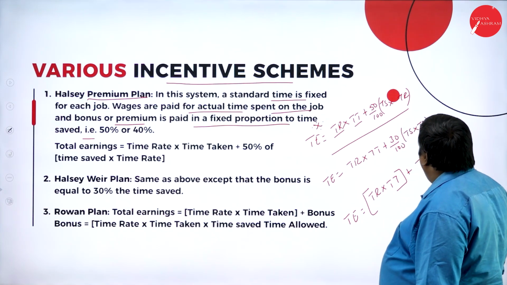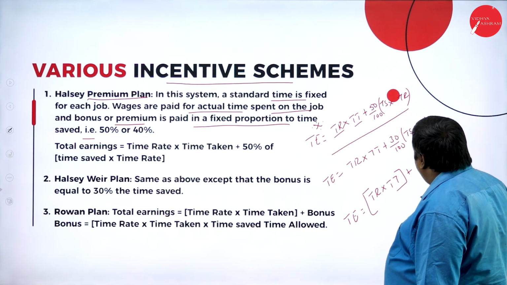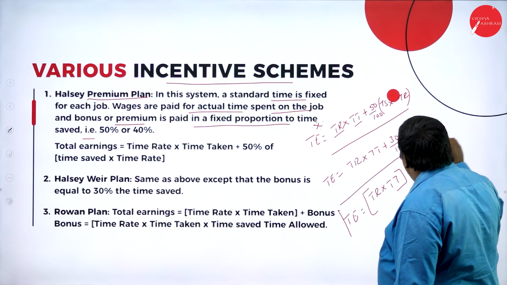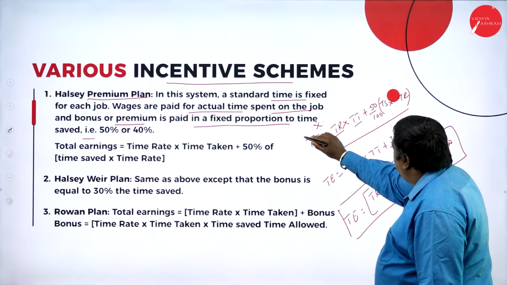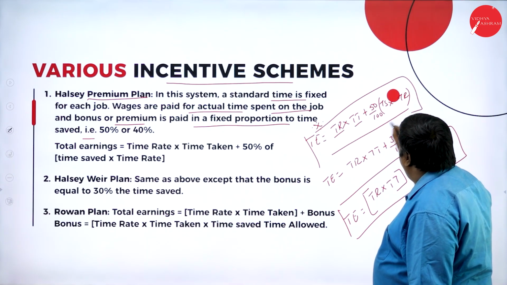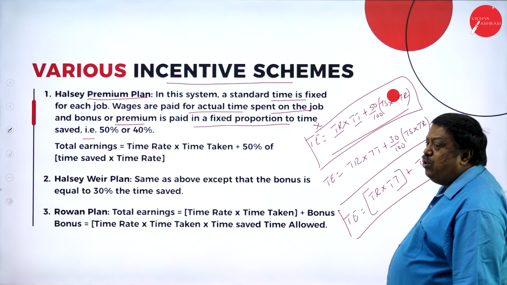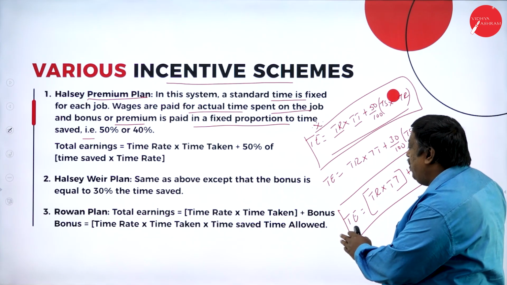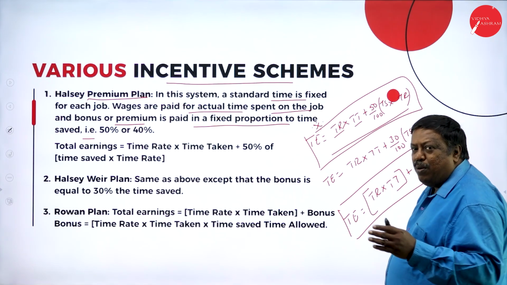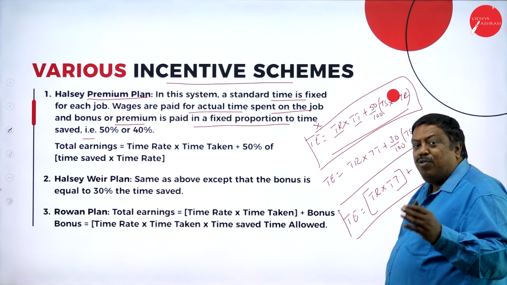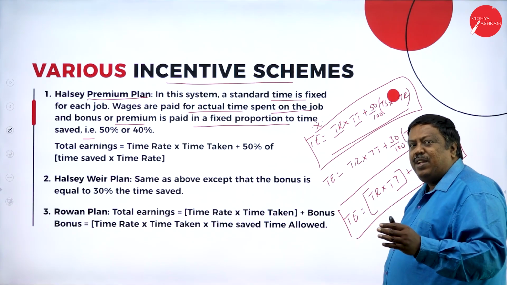So this is the formula according to the Rowan plan and this is according to the Halsey plan. We are going to solve problems on these two formulas, so go through them properly. Based on this, the problems will be there in the examination for 10 marks or 15 marks.